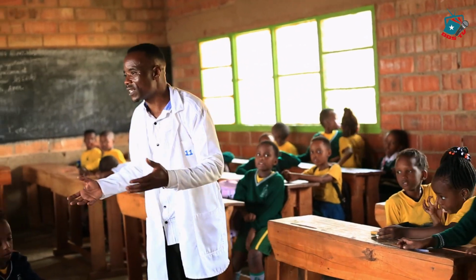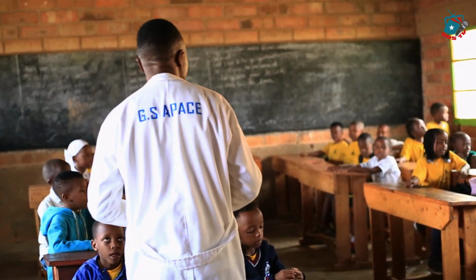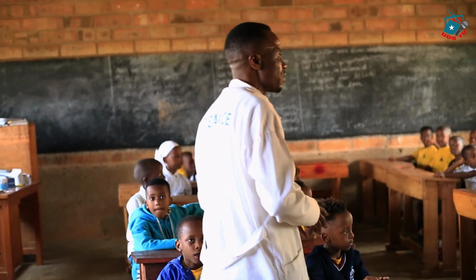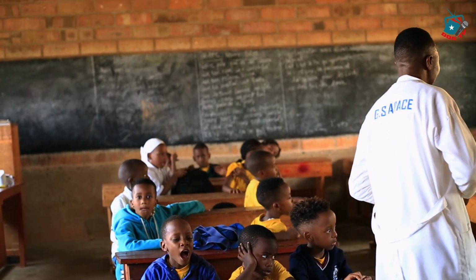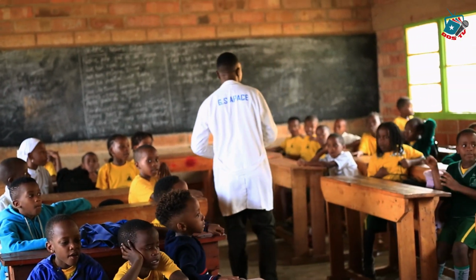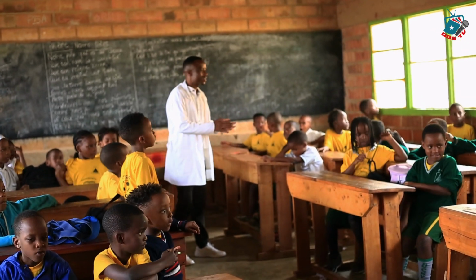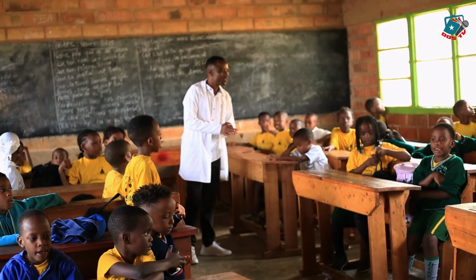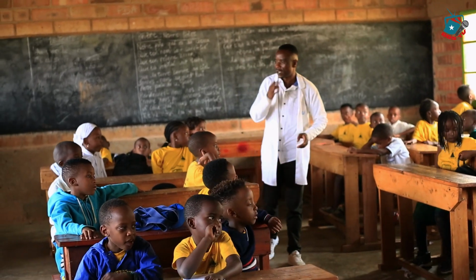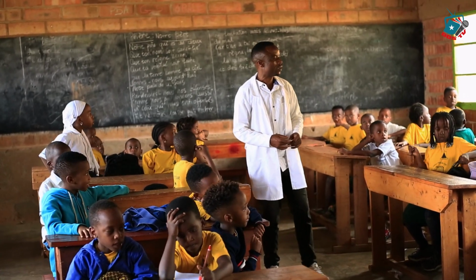All of you. 3 times 3 equals how many? 3 times 4 equals how many? 3 times 5? 3 times 6? Equals 18.